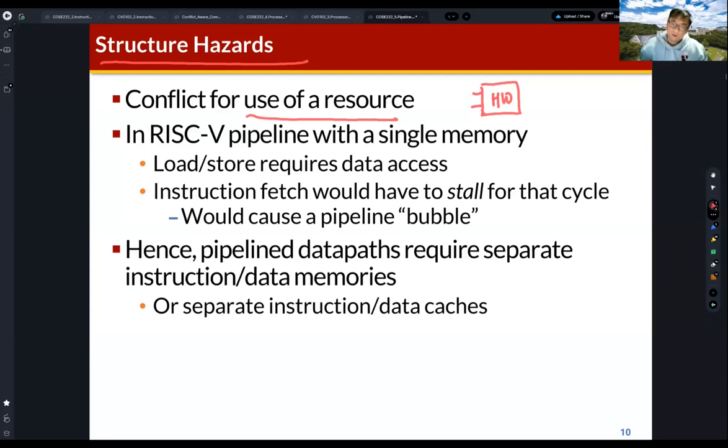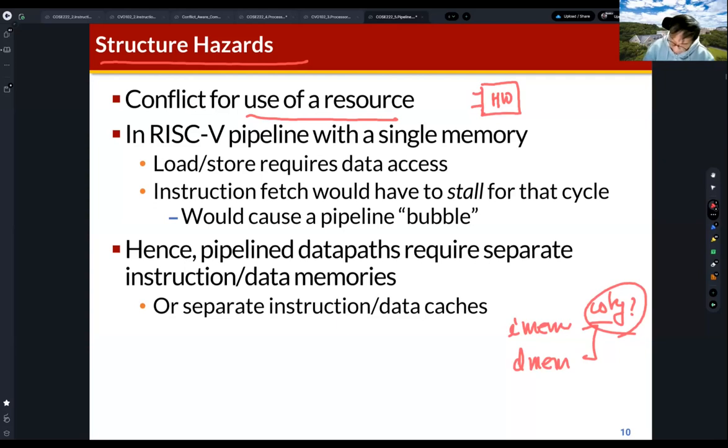But when you learned about the single cycle processor, instructions are stored in the IMEM, and data are stored in the DMEM. Why? In order to avoid structure hazard.